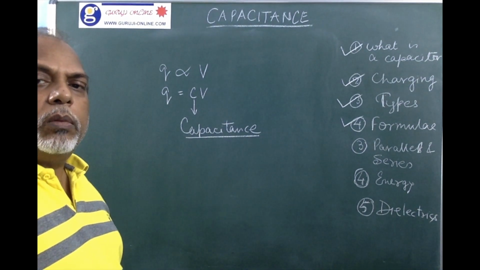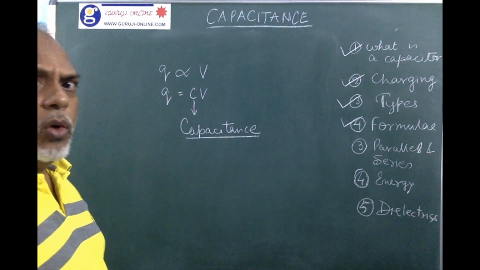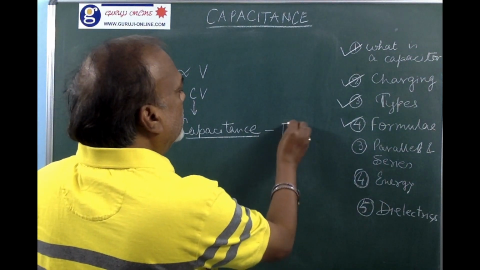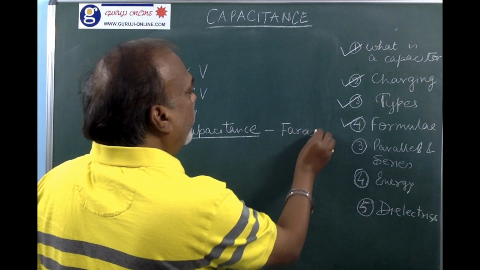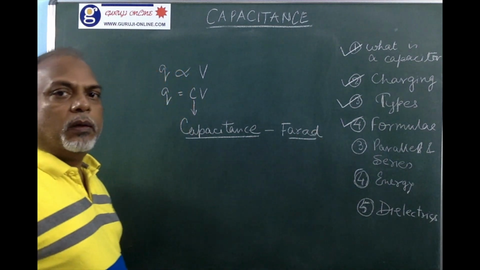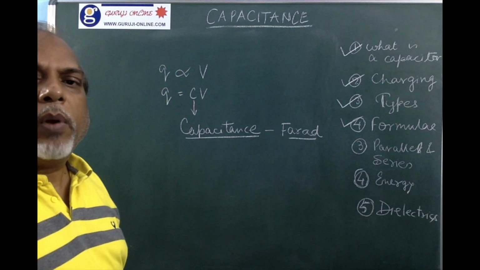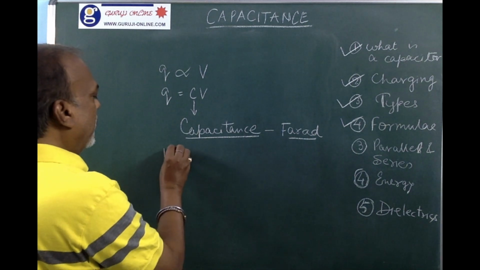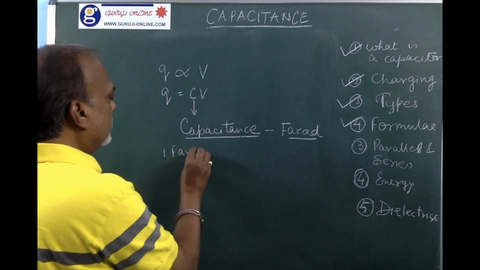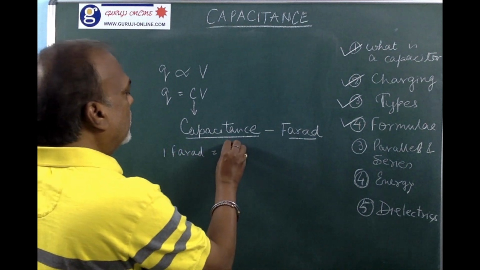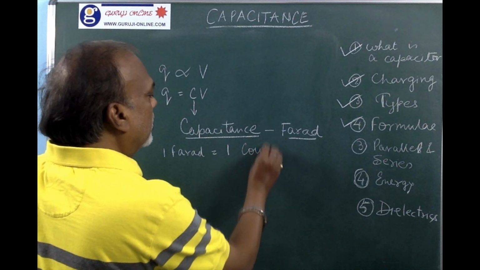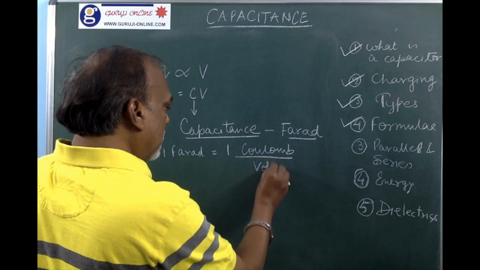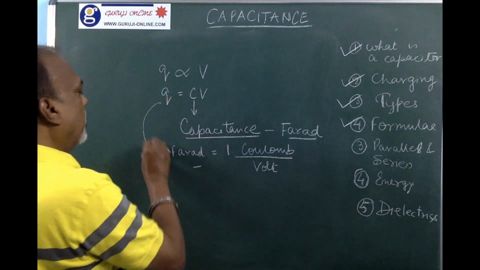Now let us see its unit. The unit is measured in farad. And 1 farad is nothing but 1 coulomb per volt.